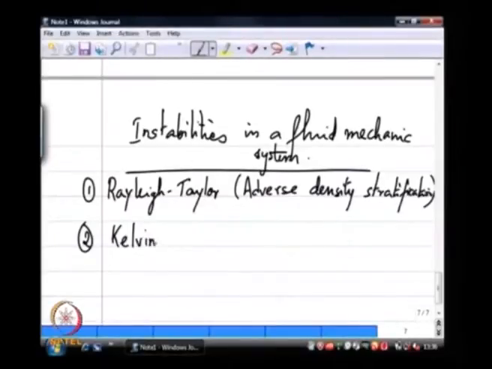That is, a heavier fluid sitting on top of a lighter fluid is not completely the most stable of situations. The lighter fluid wants to go up and the heavier fluid wants to come down. Therefore, this is a cause for an instability. The second is what we will call Kelvin-Helmholtz instability.